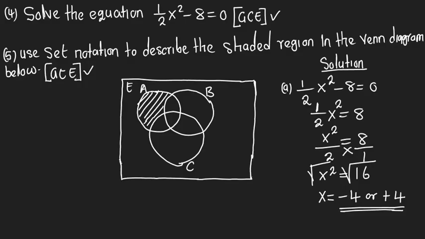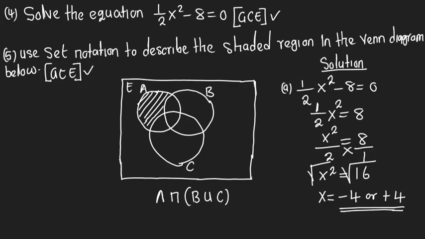So it is a union. This is the same as B union C. So B is uniting with C. What is shaded is the A part. So here you just put the intersection. Intersection means and.